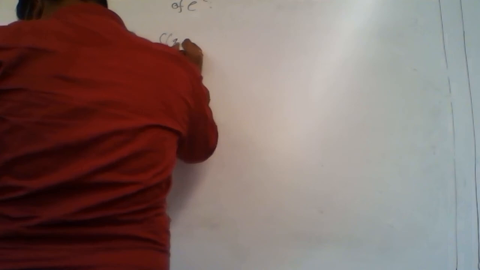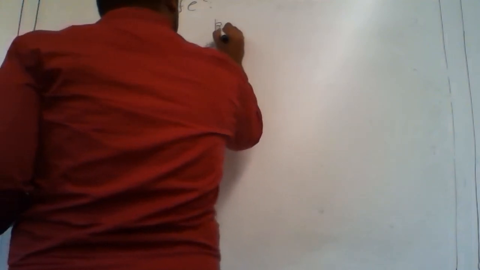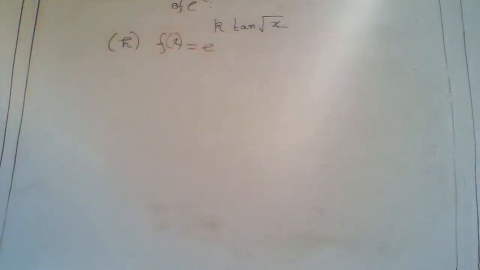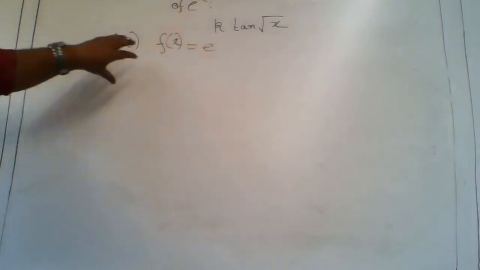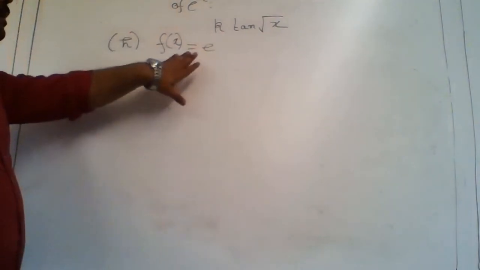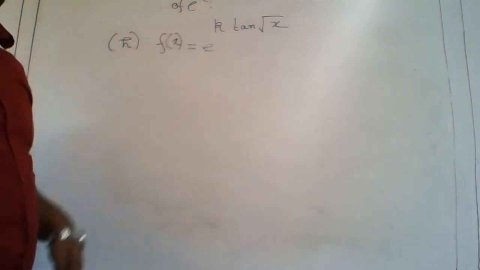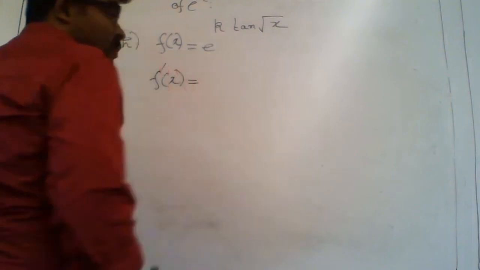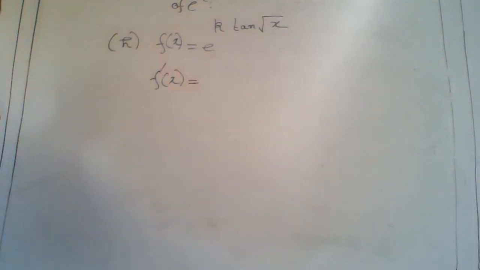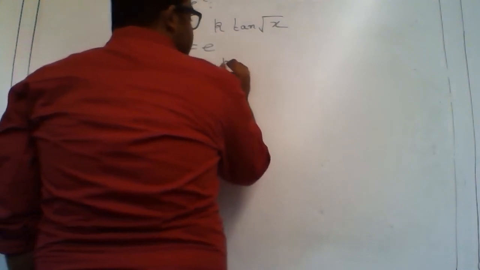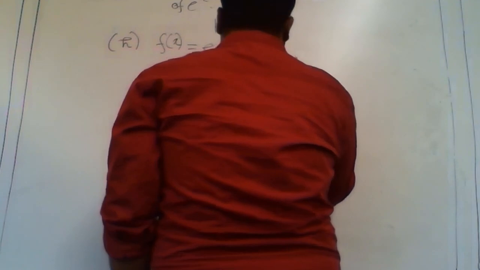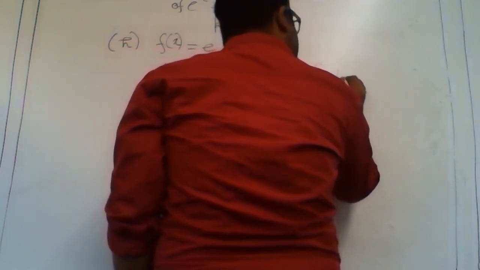f of x equal to e to the power k tan square root of x. Right, so here the outer function is e to the power x and the inner function is k tan square root of x. So f prime x equals, the derivative of e to the power x is e to the power x, so it will be e to the power k tan square root of x times the derivative of k tan square root of x.